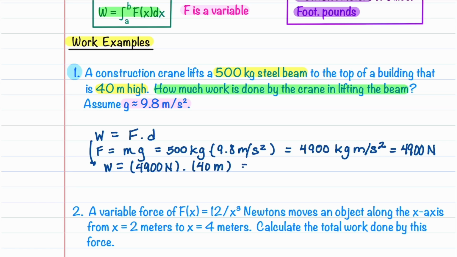This gives us an answer of 196,000, and our units are Newton meters. A Newton meter is the same as a joule, so it's standard to write our answer as 196,000 joules. That's the amount of work that is done by the crane in lifting the beam.